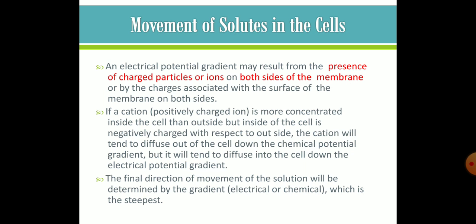If the cation, a positively charged ion, is more concentrated inside the cell than outside, but the inside of the cell is negatively charged with respect to the outside, the cation will tend to diffuse out of the cell down the chemical potential gradient, but it will tend to diffuse into the cell down the electric potential gradient. The final direction of movement of the solute will be determined by the electrochemical gradient.